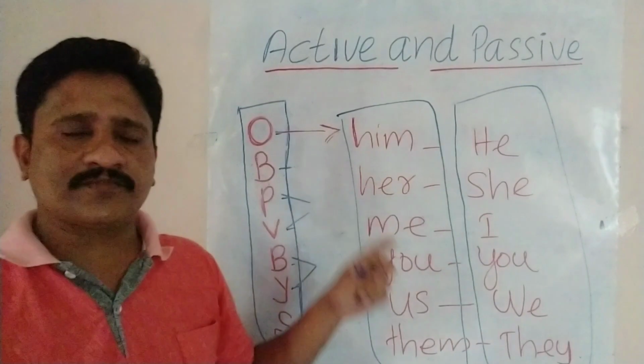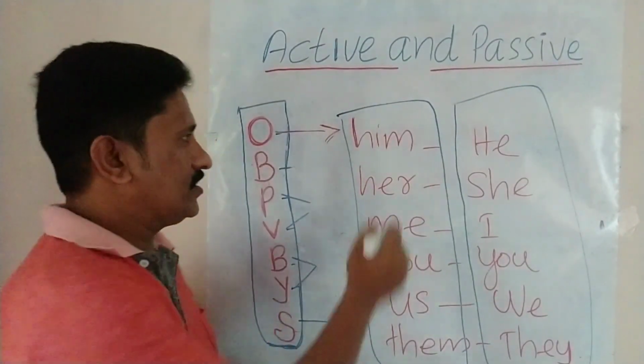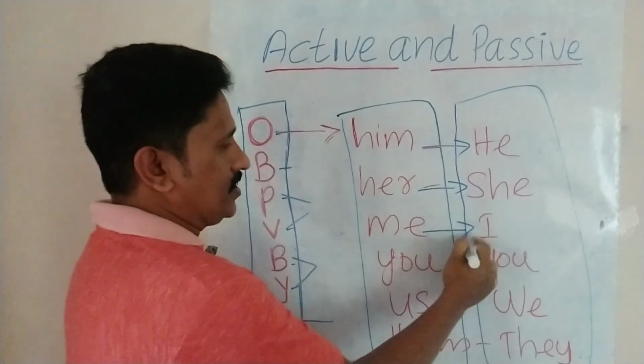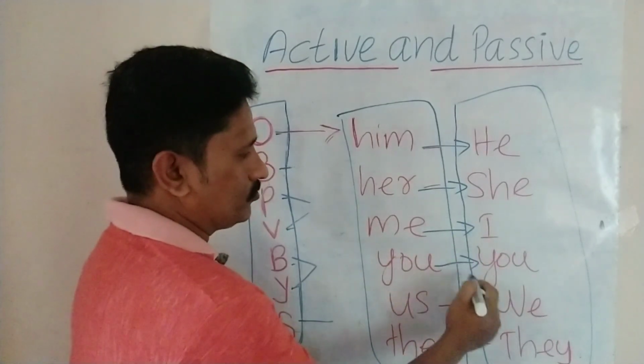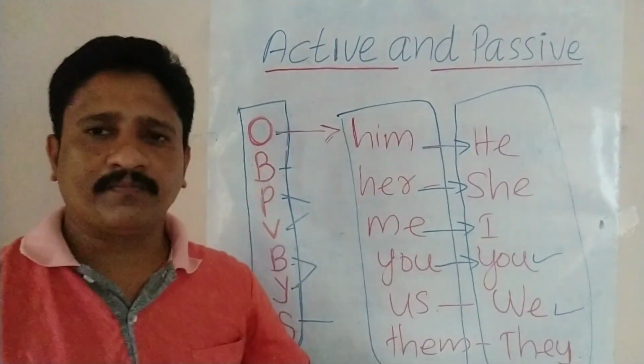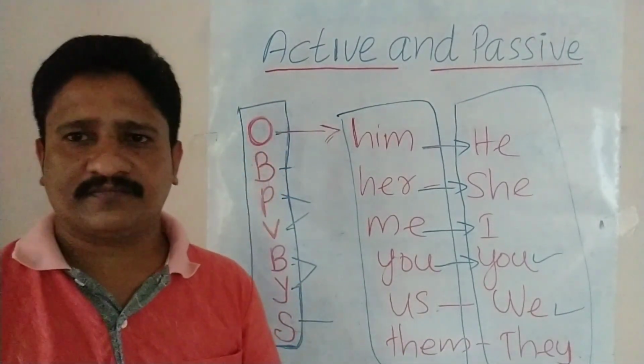So if the active voice sentence ends in him, begin with he; her, begin with she; me, begin with I; you, there is no change; us, we; and them, begin with they.